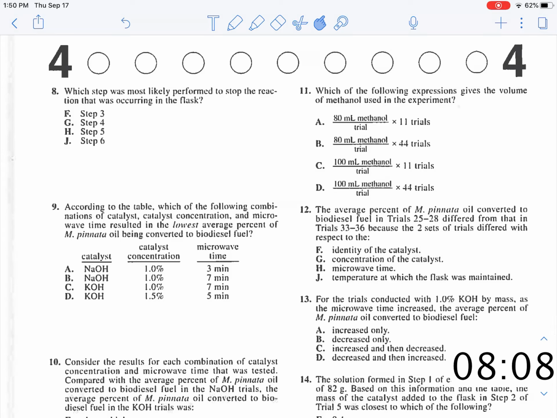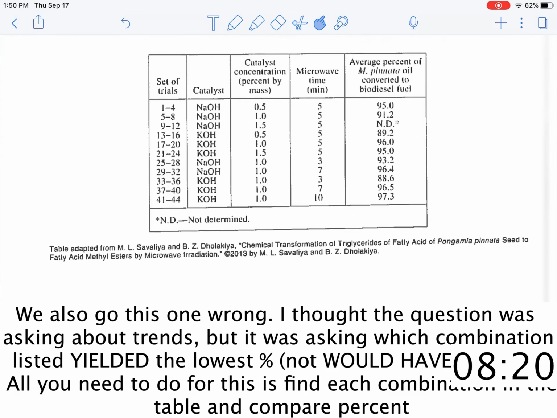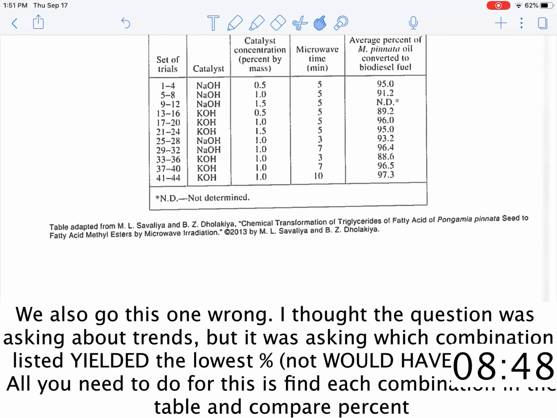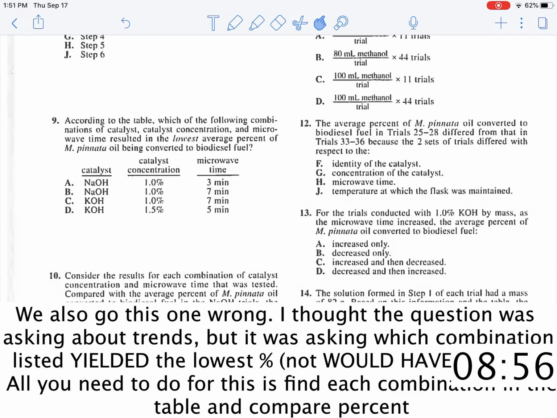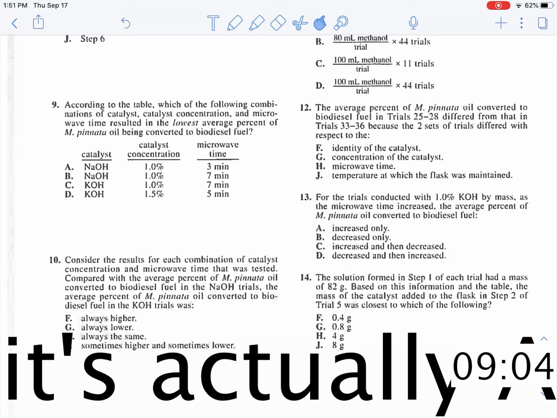According to the table, which a combination of catalyst concentration, lowest average percent of... I think that's D. Consider the results.